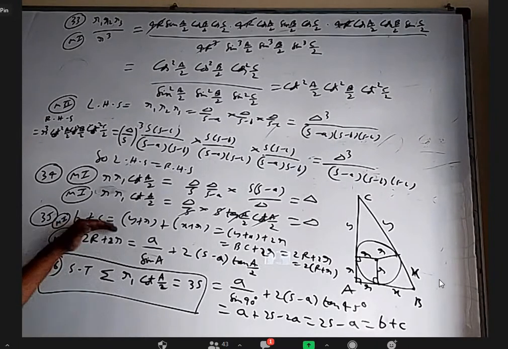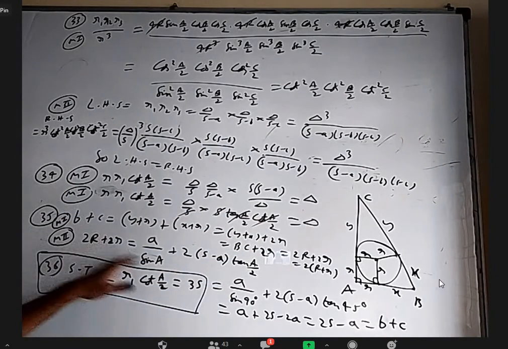Okay, 35. Method 1 is nice, but in school level only you can do that, nothing difficult. Method 2 is using the present formulas.